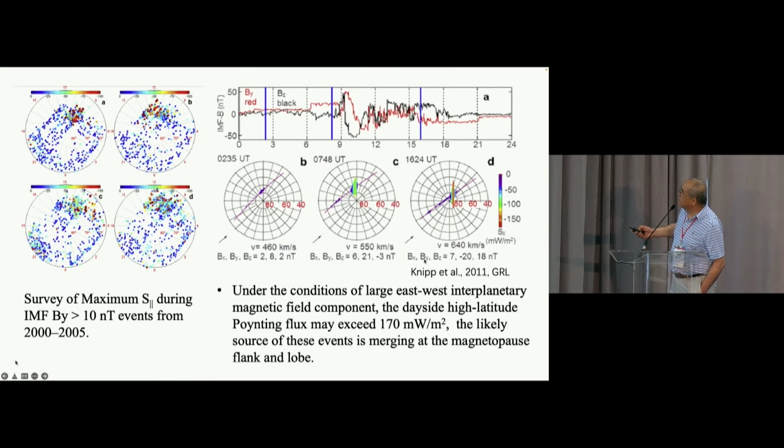Then when you have a strong BY, you see significant Poynting flux down in the cusp region, as much as 170 milliwatts per meter squared. This is talking about the IMF BY control of the energy input to the upper thermosphere.